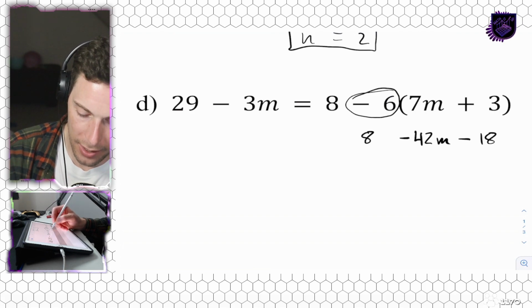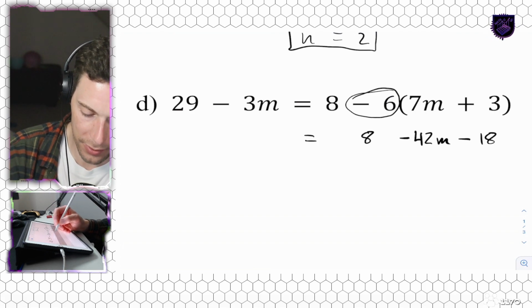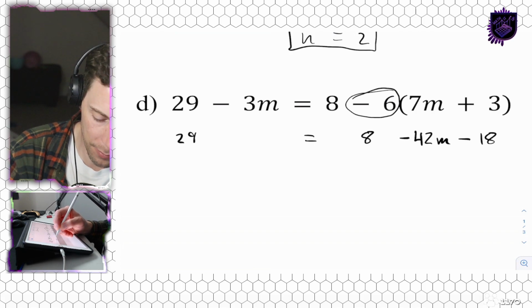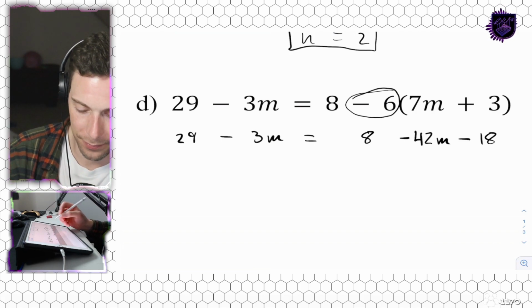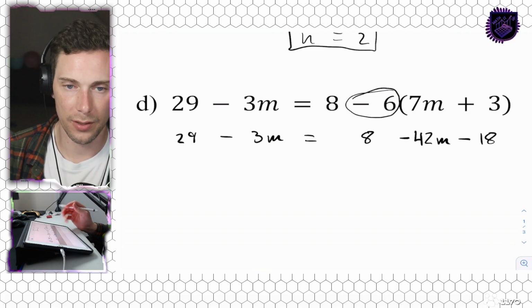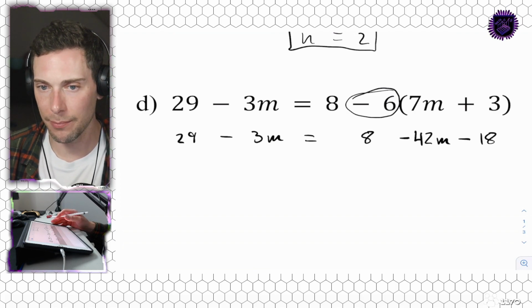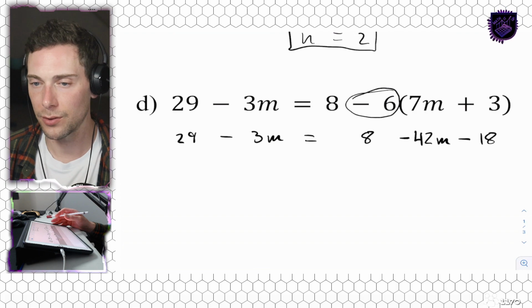Drop down our 8, equal sign, 29 minus 3m. Okay, so now we're at 29 minus 3m is equal to 8 minus 42m minus 18.